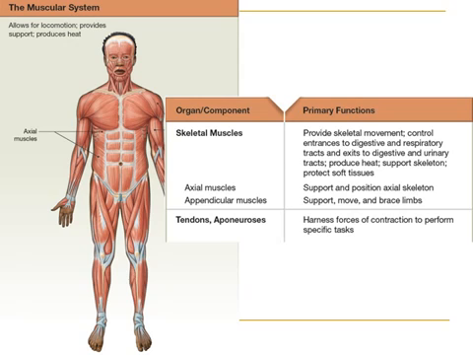We have the axial muscles present in the axis of the body, and appendicular muscles present in the appendicular part, like the upper limb and the lower limb. These muscles are attached to the bone with the help of cord-like structures known as tendons. And if this tendon is flattened, that is the aponeurosis. So the tendon and the aponeurosis harness the force of a contraction to perform specific tasks.